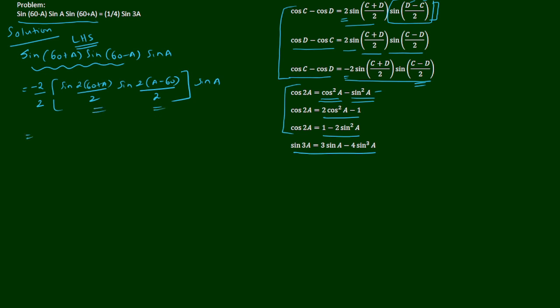So the actual formula here that we can write is minus 2 actually belongs to this set of the sine terms. So we can write 1 by 2 cos c, which here is actually 2a, so cos 2a minus cos 120, which is 2 into 60.